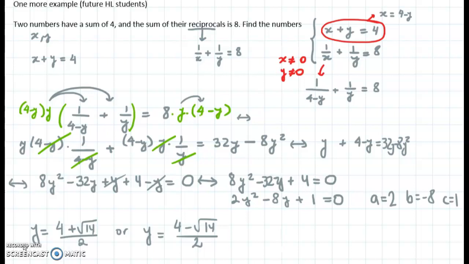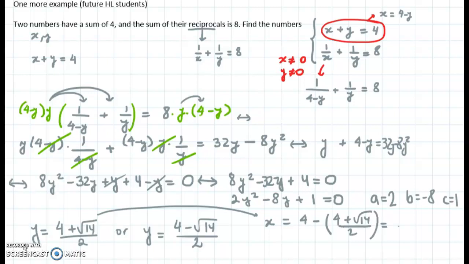So with these values of y, we are going to find the possible values of x. For instance, for the first one over here, we have that x is going to be 4 minus y, so 4 minus, and I'll write what was the value of y we got.